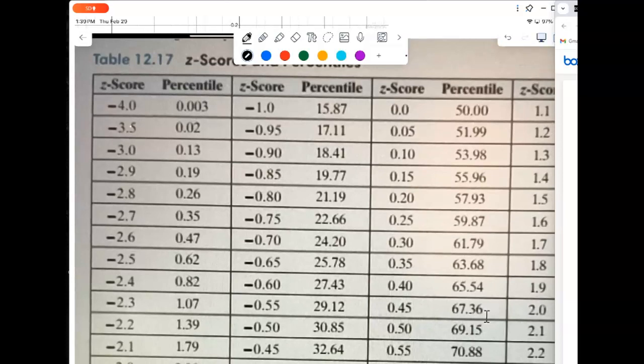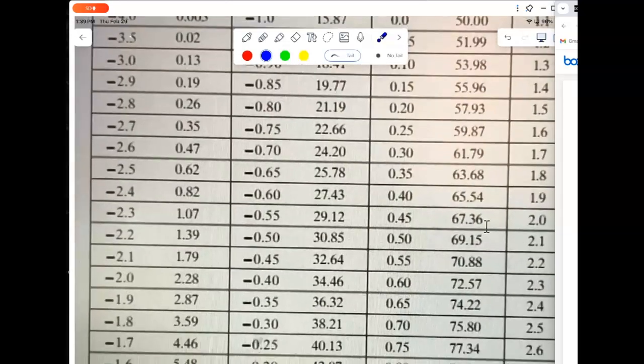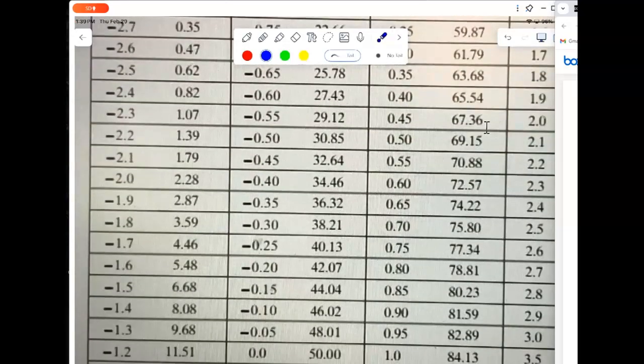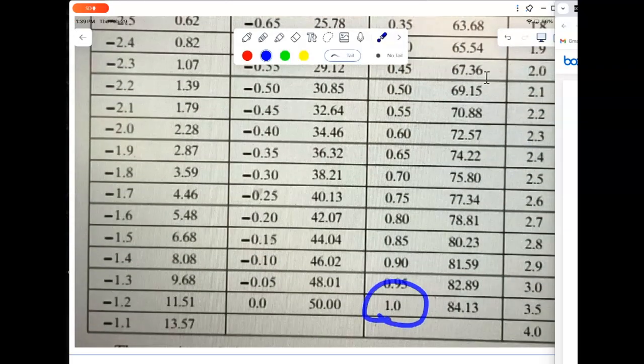All right, what we do in this chart is given a z-score, say a z-score of 1, what we were just looking at there, we would look at the value next to it, and that would tell us that if we were looking at a z-score of 1, then 84.13% of all data values fall below that.